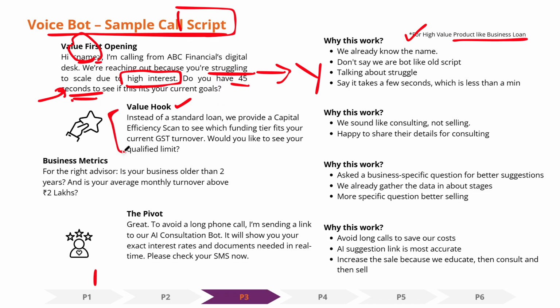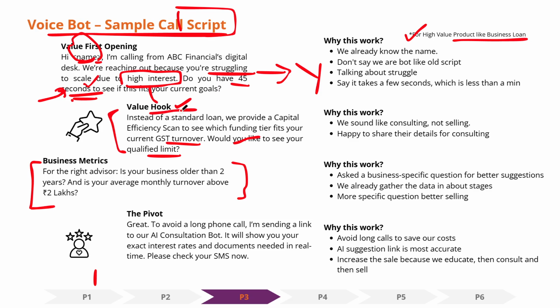In these few lines, we are showing why this interest is high and how you can scale your business. In this case, we ask a few questions, like how you would like to see your qualified limit. Then we understand the metrics, meaning this loan cannot be given randomly.